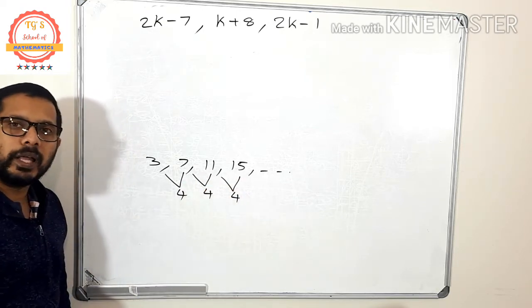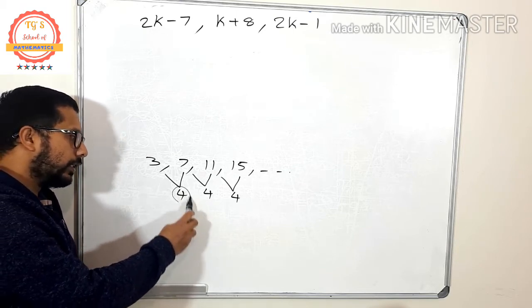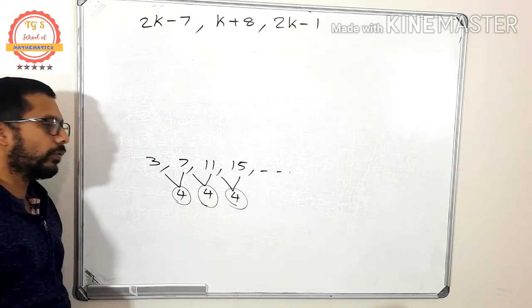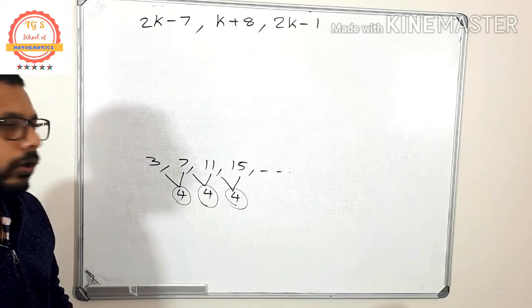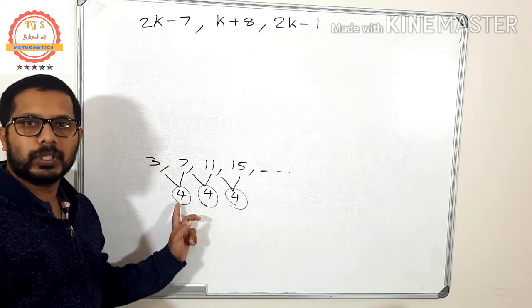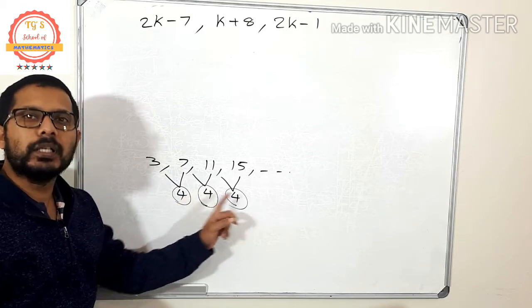That means in an arithmetic sequence, there is a constant first difference. Here in this example, the constant first difference is 4. In an arithmetic sequence, the first differences are the same.